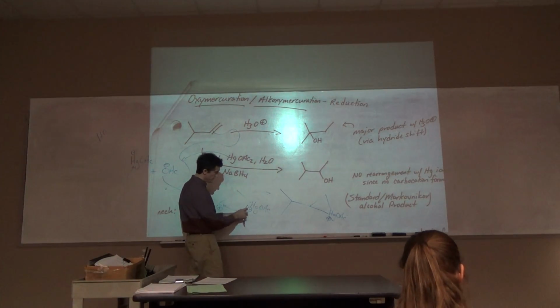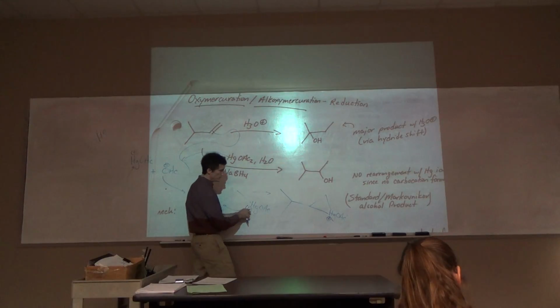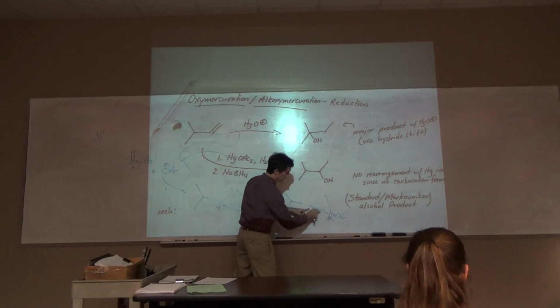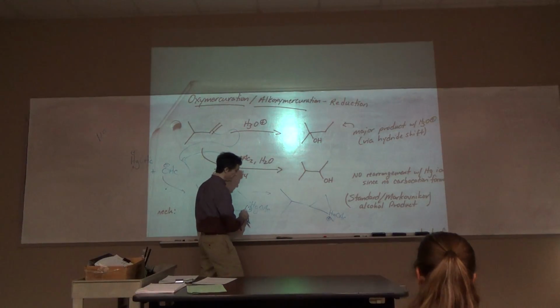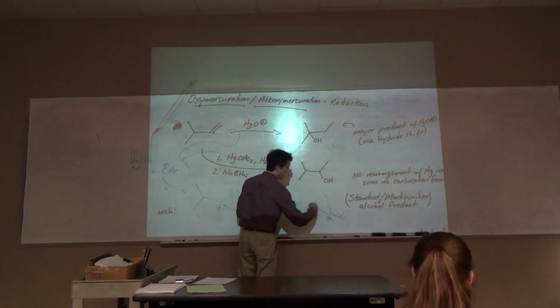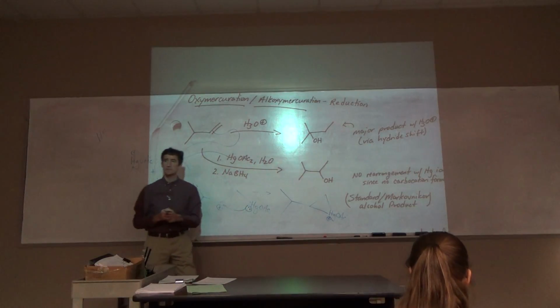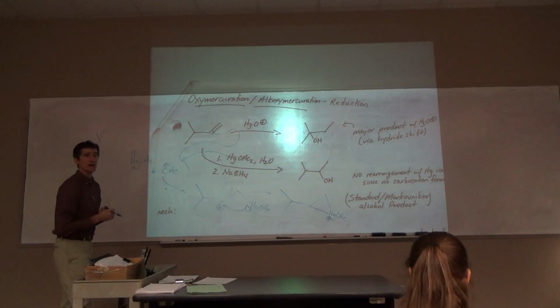If it's neutral here, it owns both of those. But now that it's bonded, it only owns one of the electrons. So it owns one less than it did here. So if that's neutral, this should be positive. And there you go. There's a bridged mercuronium ion, analogous to a bromonium or a chloronium.